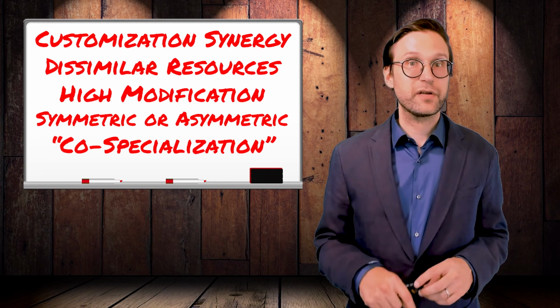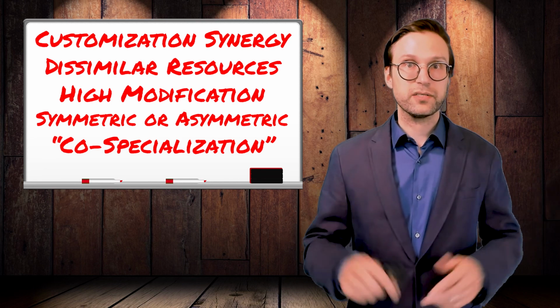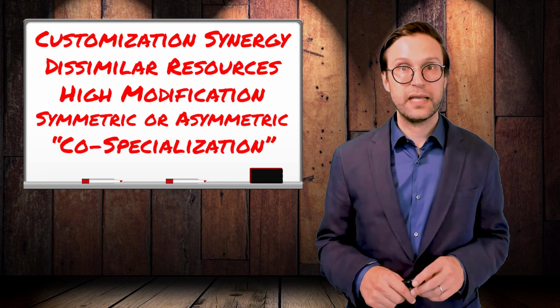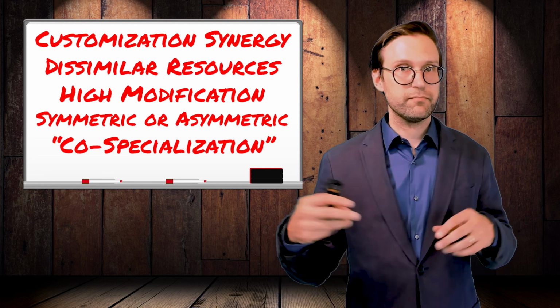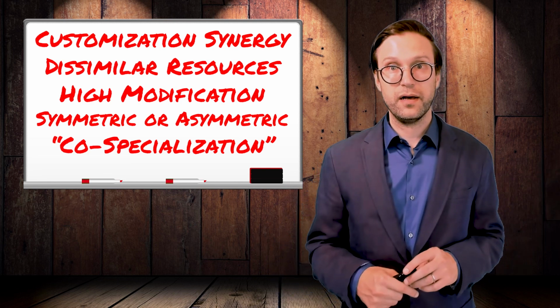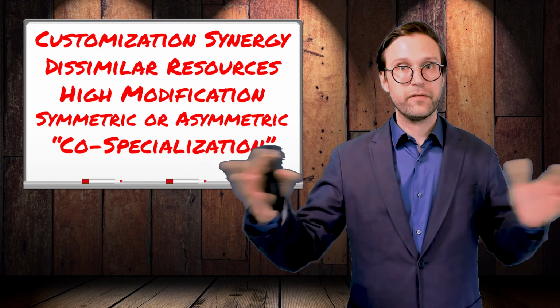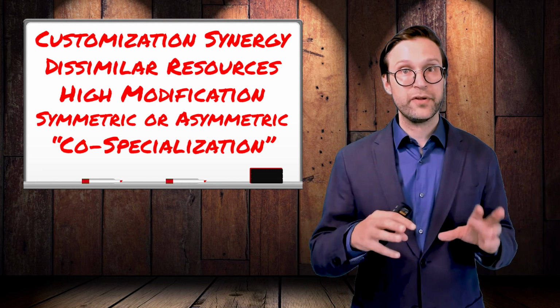You could also have co-specialization between horizontal products offered by the firm. You often see that with software suites, for example. So Microsoft Office or Google's productivity suite or Adobe. All of these companies have suites of software that are designed to work better together.